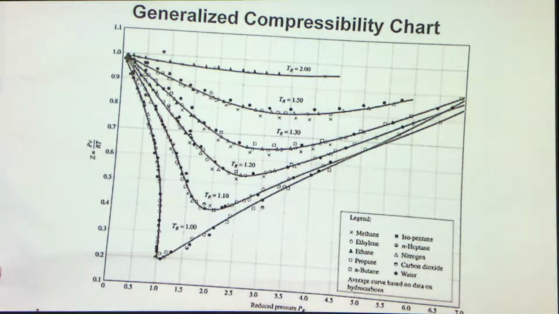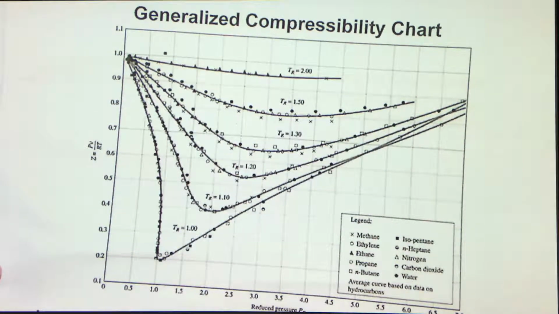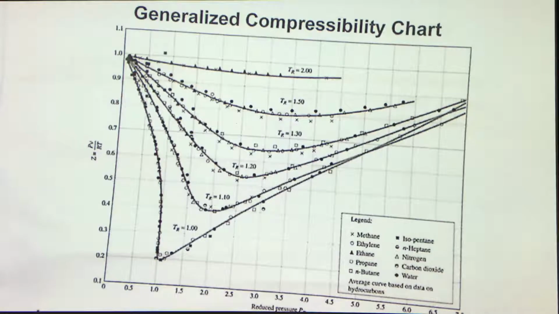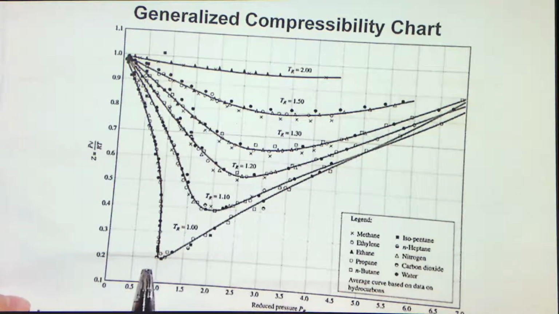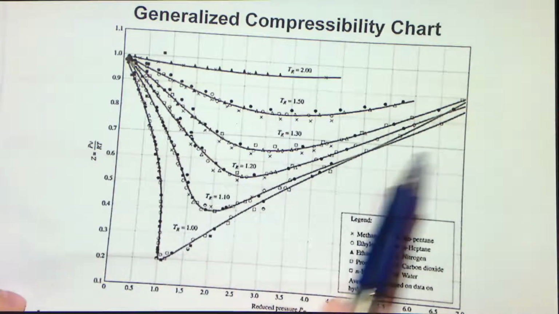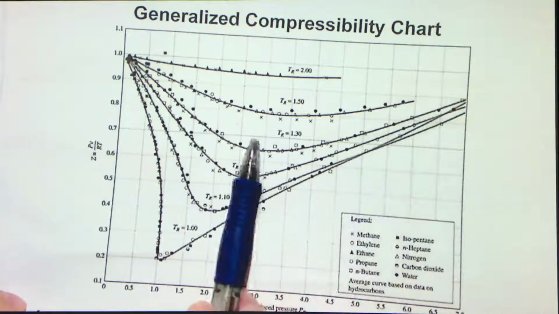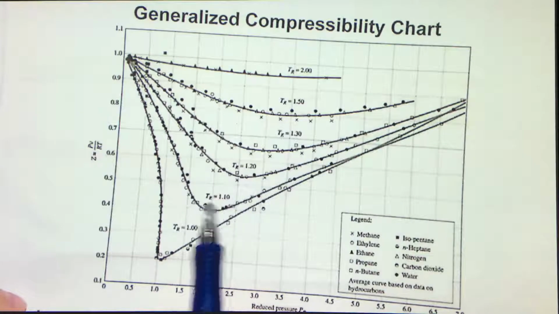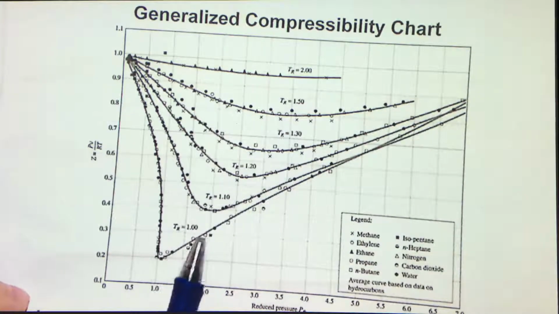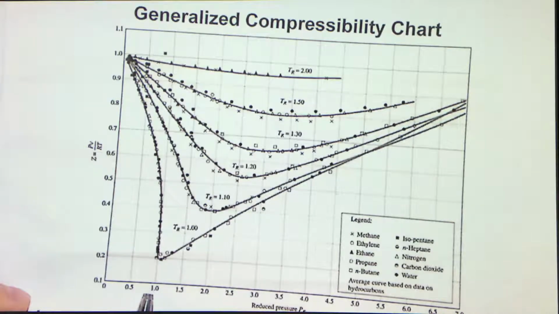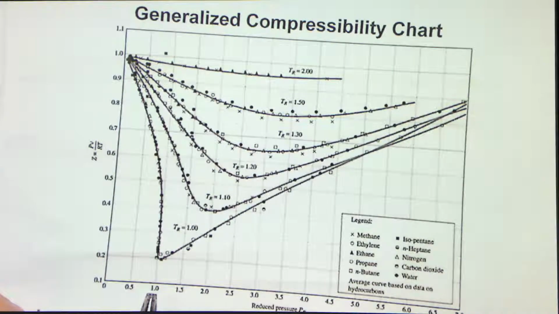We will have the greatest deviation from ideal gas behavior around the critical point. After that, it gets closer and closer to 1. Especially at TR equal to 1, this trough has a reduced pressure of approximately 1. So near the critical point, we have the greatest deviation.